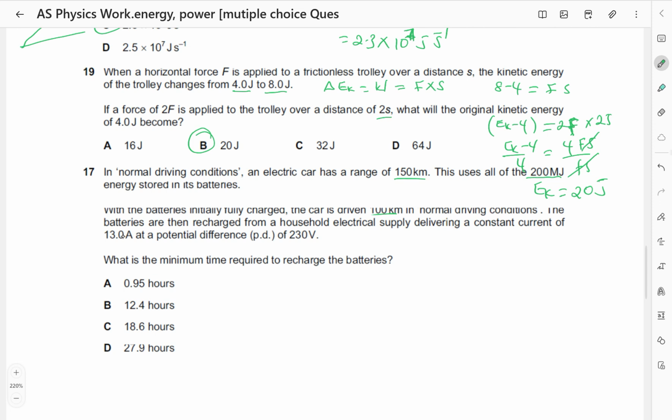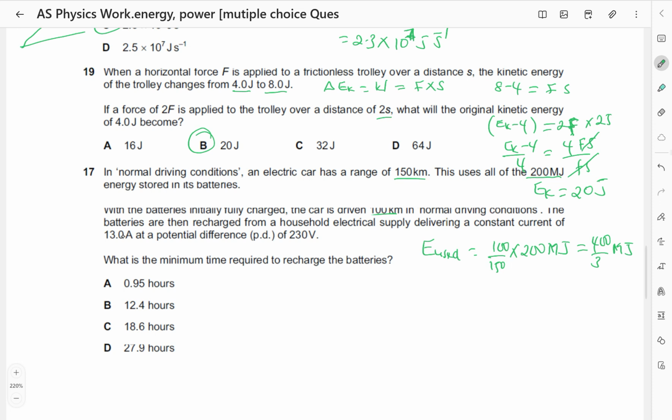Of course, we have answered such a question earlier on. If the car is driven 100 kilometers, then the energy used is simply 100 kilometers over 150 times 200 megajoules. And I think this one gives us 400 divided by 3 megajoules. That is the energy used.